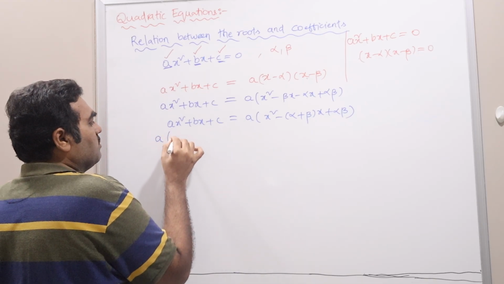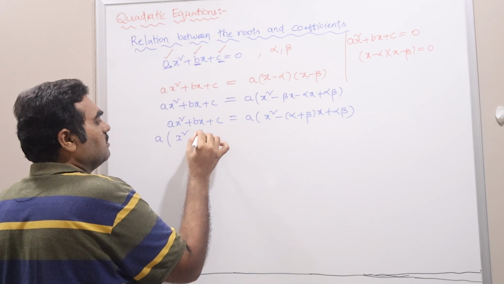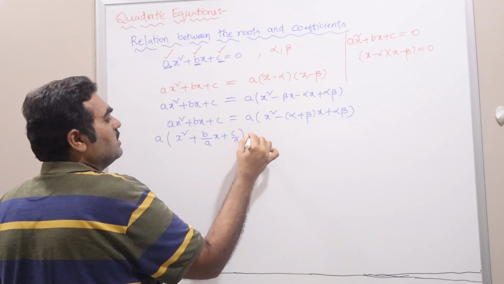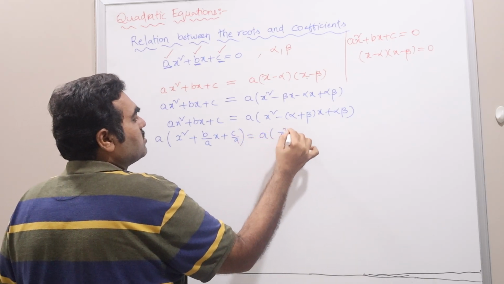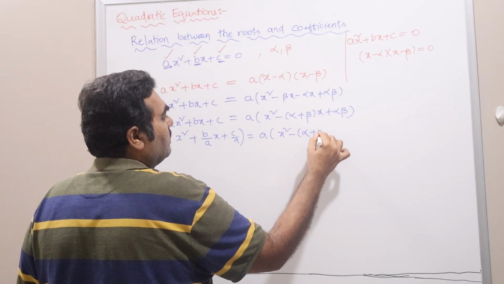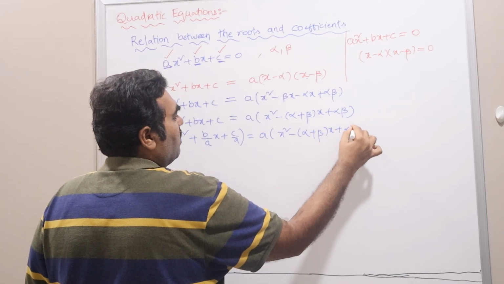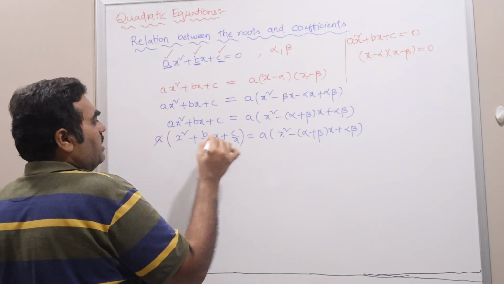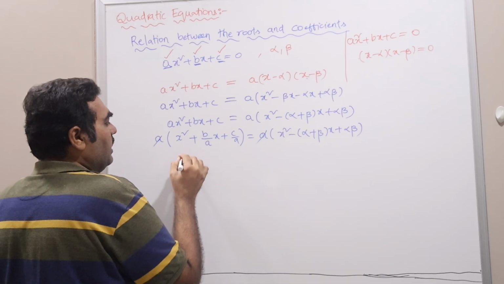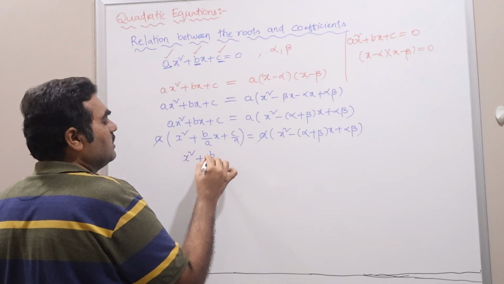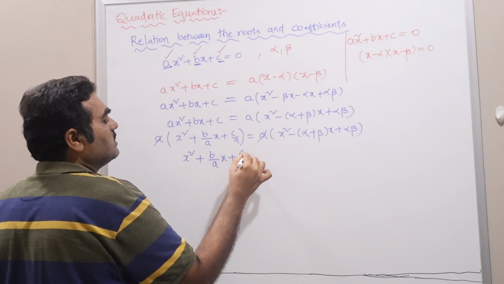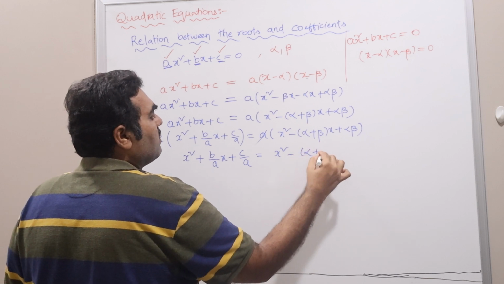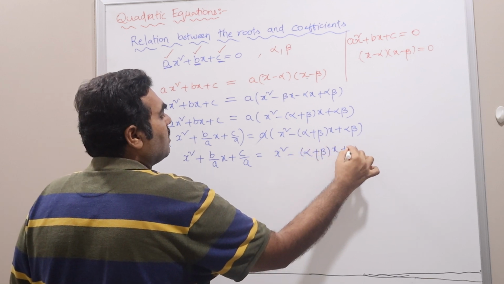Here I will get x square plus b by a x plus c by a is equal to x square minus alpha plus beta of x plus alpha beta. Now a and a get cancelled.